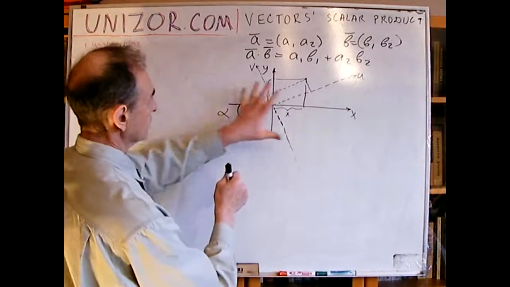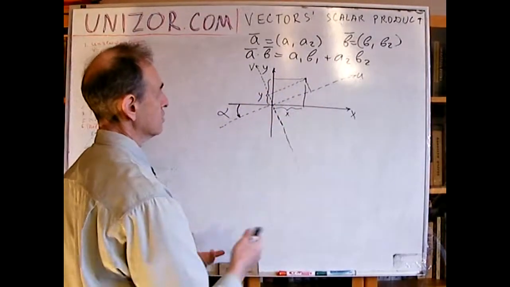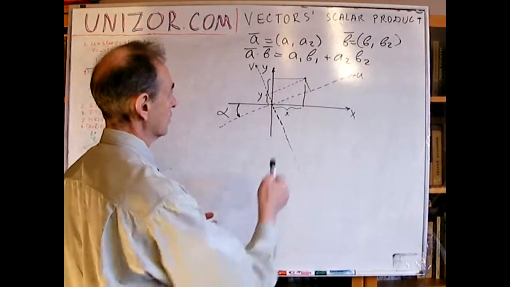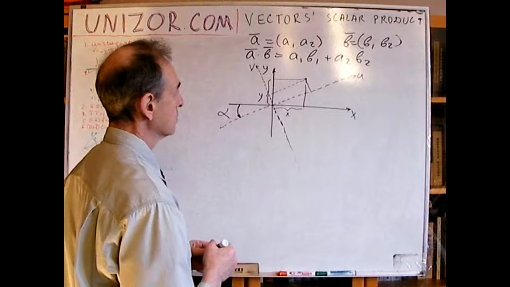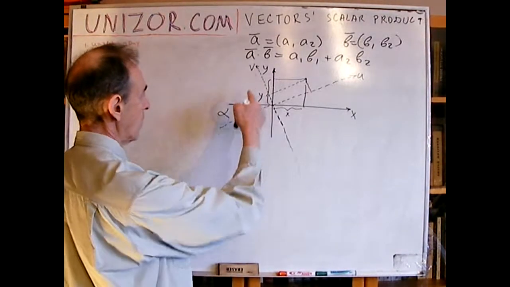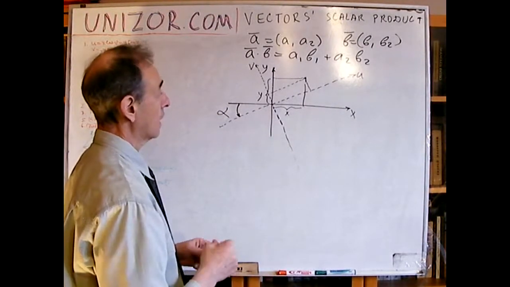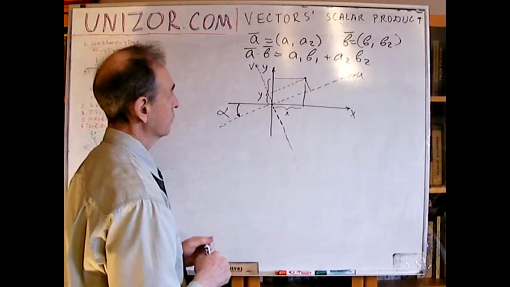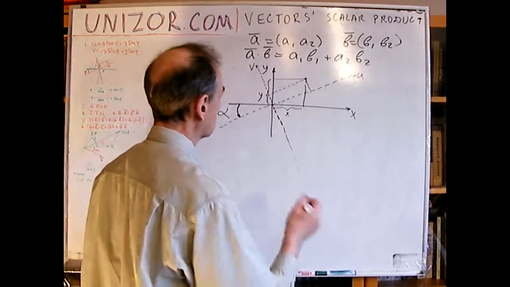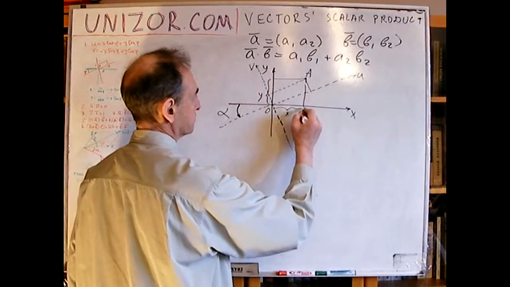We have rotated this coordinate system this way. So the coordinates are changing. Let's try to express the new coordinates u and v in terms of the old x and y, and angle alpha. Now, what should we do? Well, let's put some letters so we will know what we're talking about.